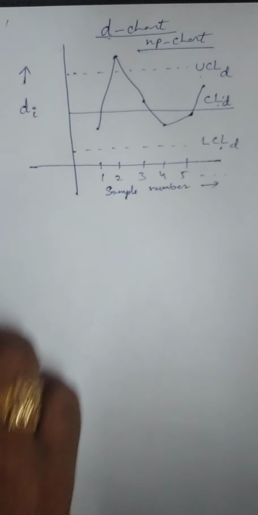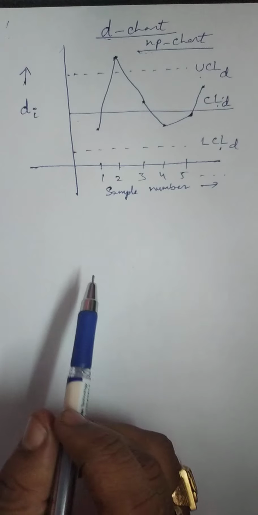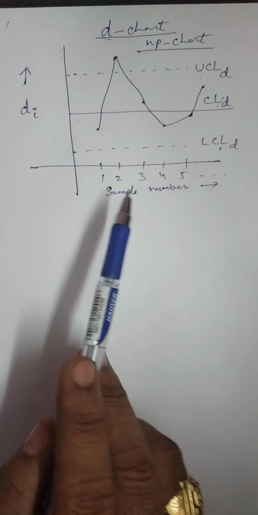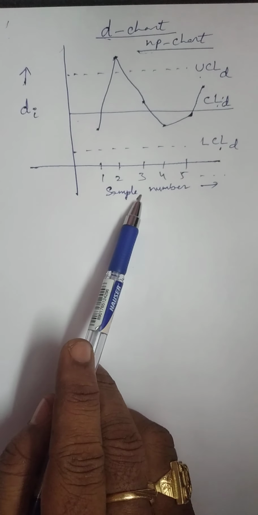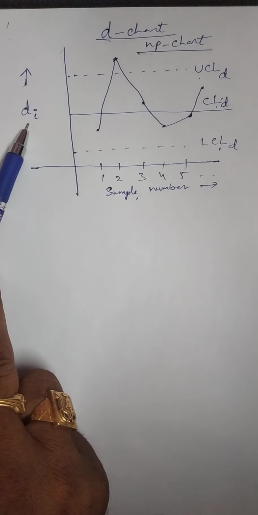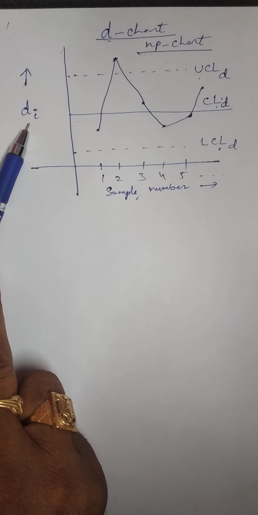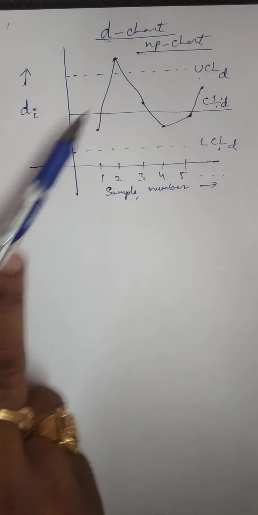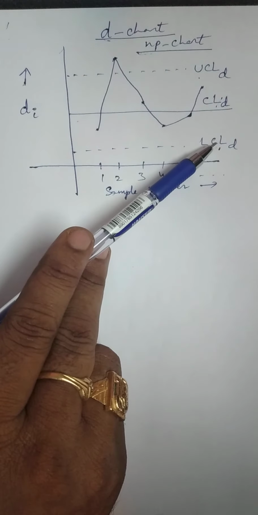Okay, we discussed the construction of the D chart. For the construction of the D chart, we have to consider sample number on the x-axis and the values of di, that is the number of defectives, on the y-axis. Then we take the computed values CL, UCL and LCL.